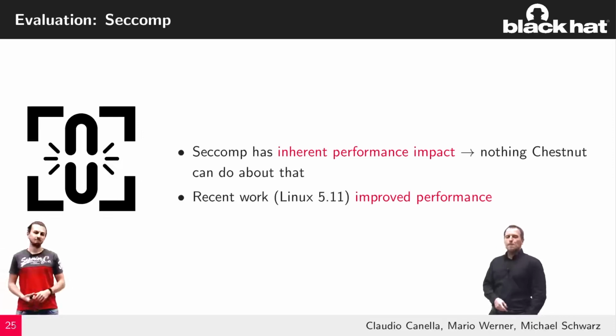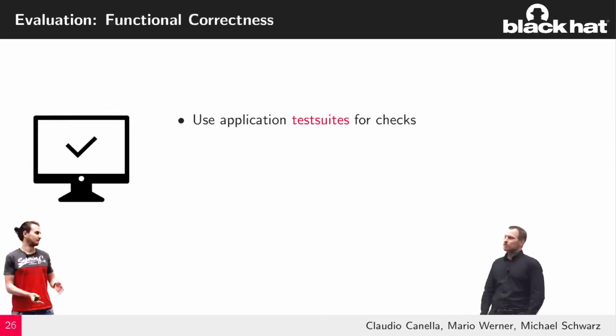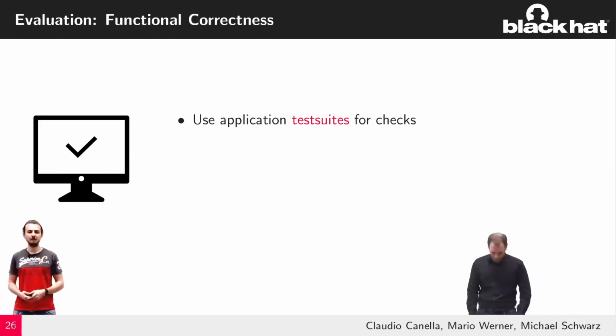So that's great. Now let's take a closer look at the functional correctness. After security, that's probably what developers are most interested in, because if your application doesn't work anymore, what's the security worth? So for that, we relied on the application's test suites for our checks. We were not able to test all of them, because some simply did not have test suites available.